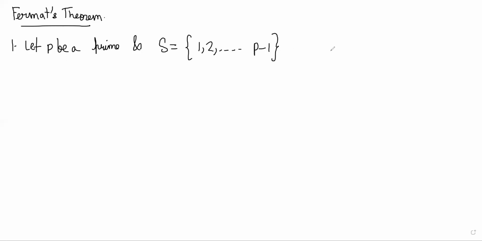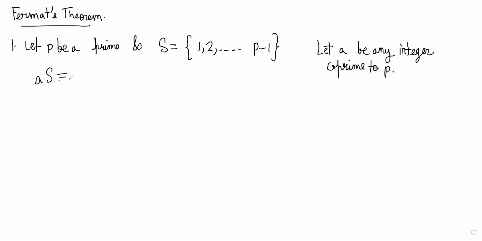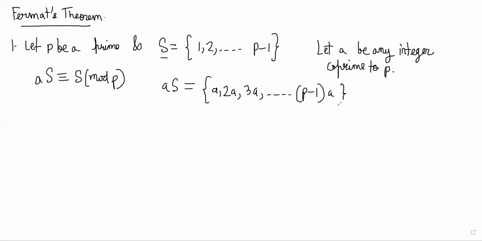These are the set of non-zero remainders modulo P. Let A be any integer co-prime to P. Then we have AS equal to S mod P. AS is the set obtained by multiplying each element here: A, 2A, 3A till P minus 1 times A, right?